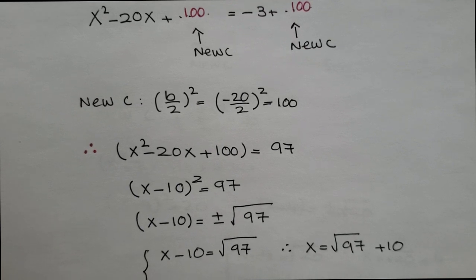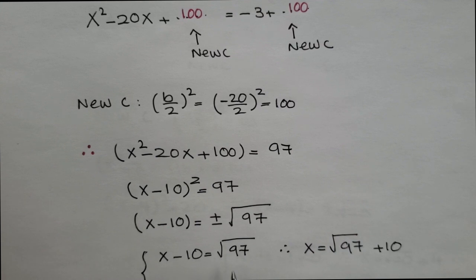So x minus 10 would be equal to positive radical 97, which then the x would be square root of 97, and the 10 moves to the other side, the sign will flip. So one of the roots would be square root of 97 plus 10.